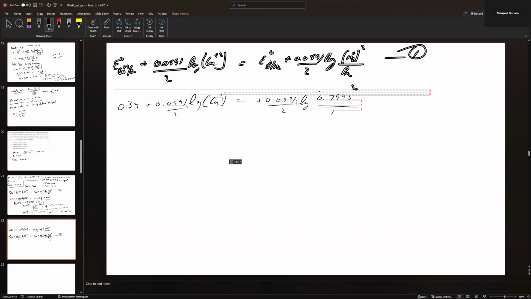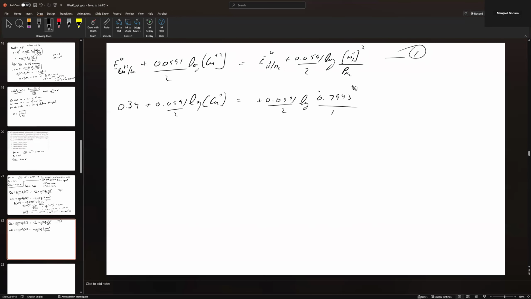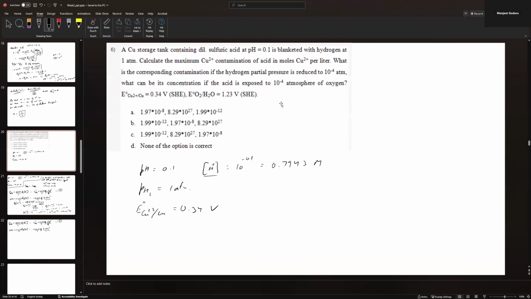We're just changing the partial pressure of hydrogen gas in the question.